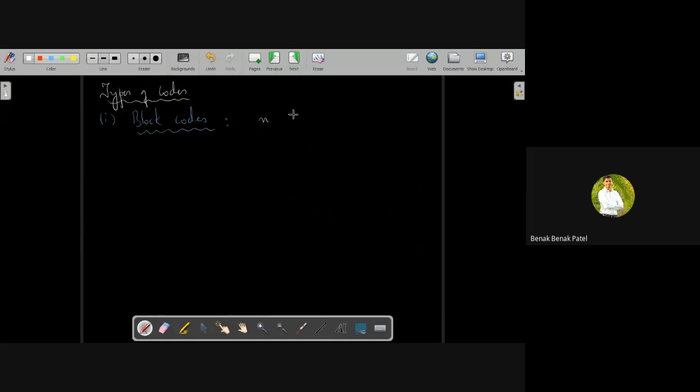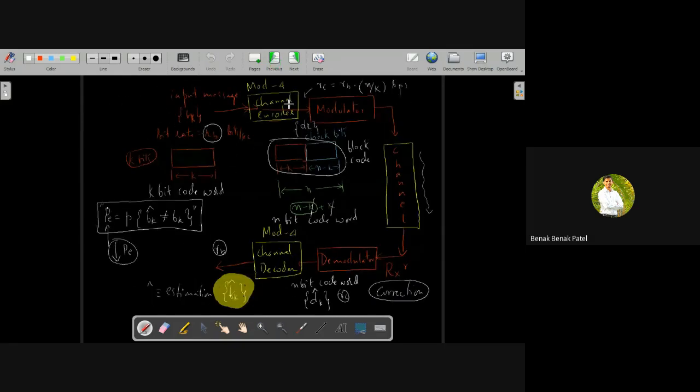So it consists of n number of bits, and this n number of bits in turn contains, how many message bits was it containing? It was containing k message bits. So this is our actual message. Along with those k message bits, it also had some check bits of size n minus k.